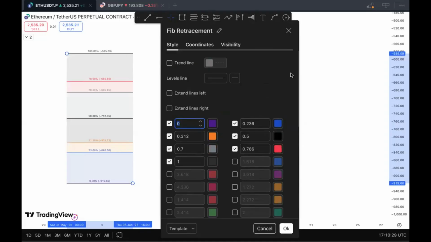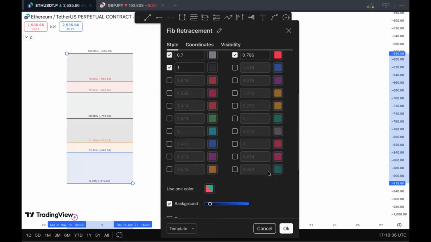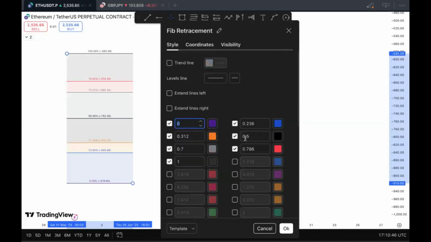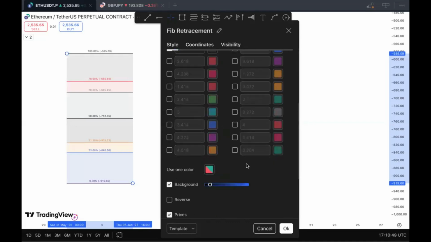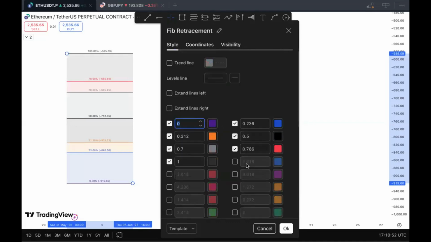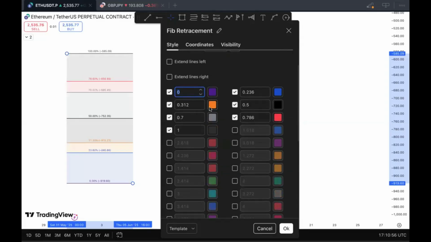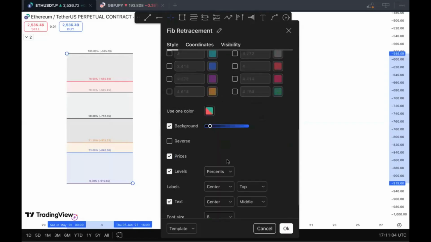Look at the settings once again. The golden zone is for a buy, red is for a sell. Okay, so this is it.